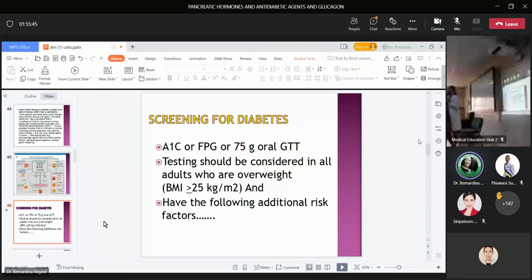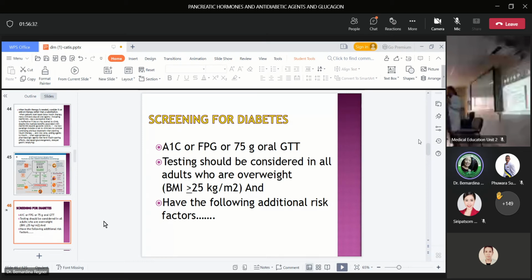That's why, after giving your patient some medications for diabetes mellitus, and you want to know whether you have some progress in your manner of treatment, you will order a glycosylated hemoglobin or hemoglobin A1C, or fasting prandial glucose, or an oral glucose tolerance test, OGTT, 75 grams. Those are your screening tests for diabetes.